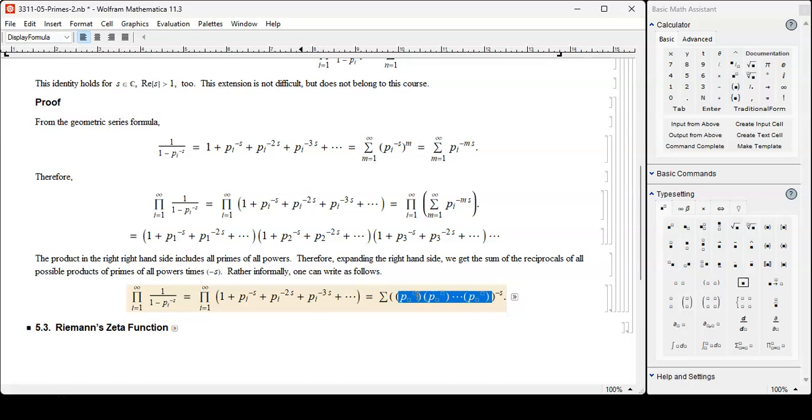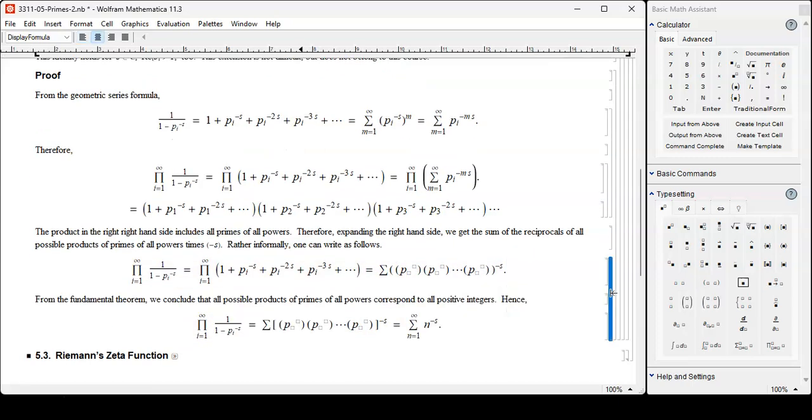And then, of course, you can consider many, many more so that these products can reach arbitrary length. And then consider them all and add them all up. That's basically what you get. So basically, all possible powers. And then let's make this observation.